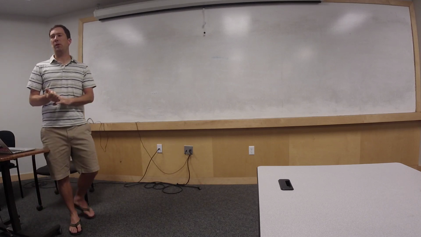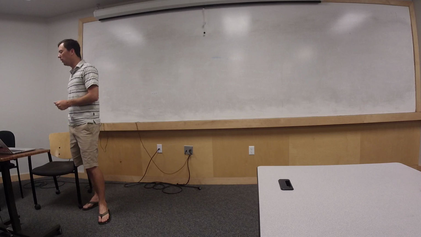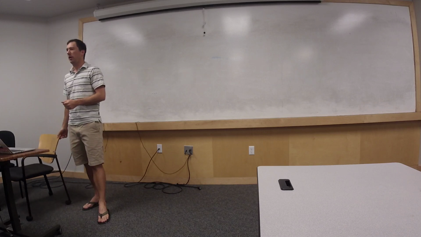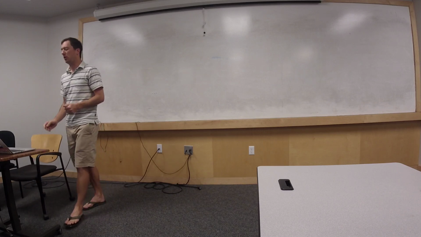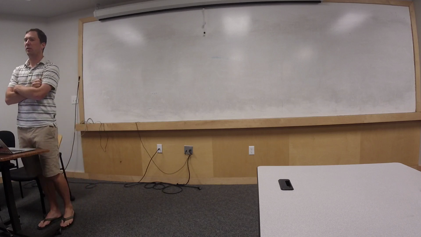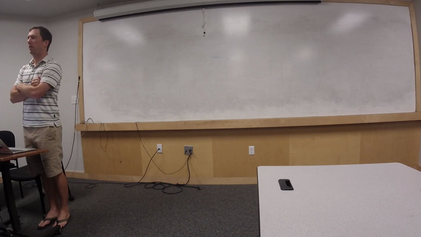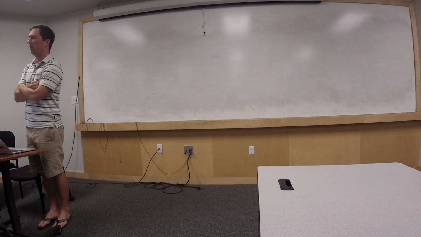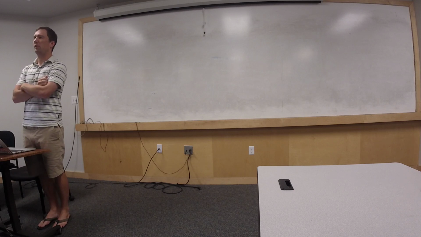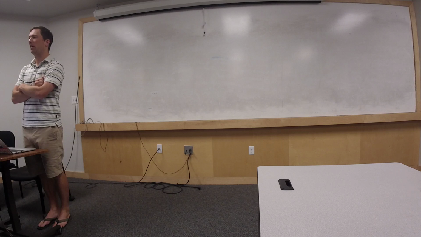Right, morning everybody. Go ahead and get started. So today we're going to keep talking about graphs. We're going to talk a little bit more about path searching algorithms. So yesterday we talked about DFS and BFS.